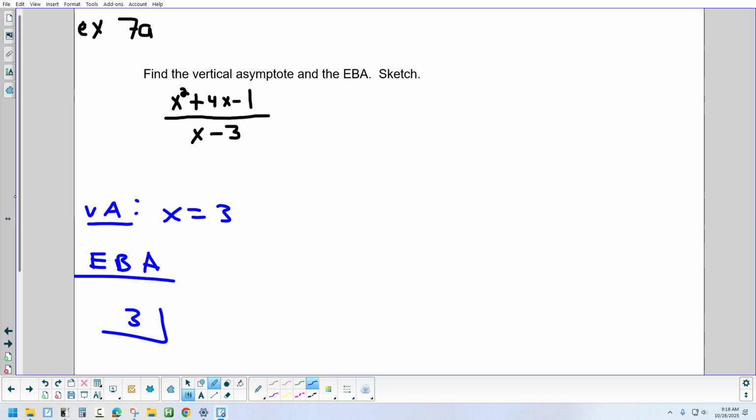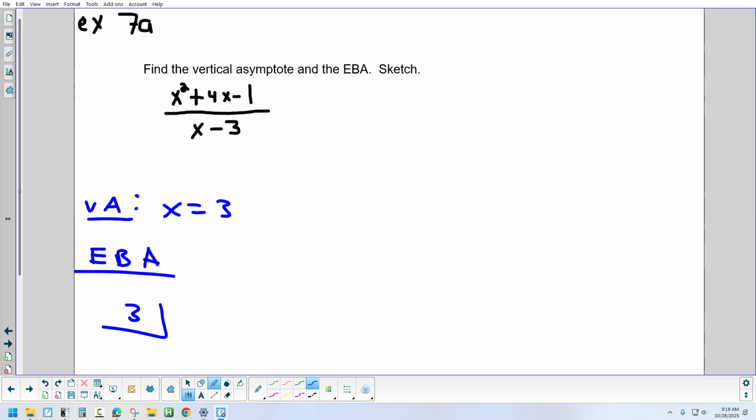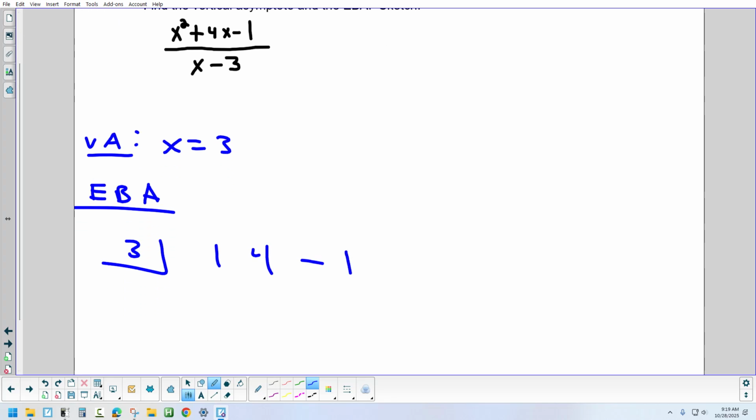So we've got 3, and then we've got 1, 4, negative 1. Okay, so let's bring down the 1. 3 times 1 gives me 3. 4 plus 3 is 7. 3 times 7 is 21. And then add that to negative 1, and you get 20.